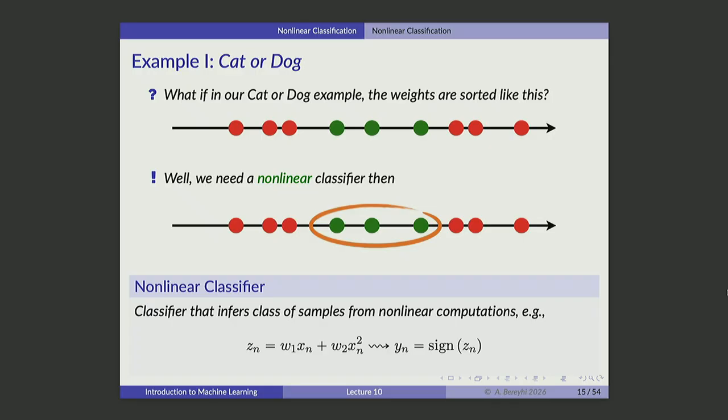So a classifier which is going to classify, maybe again based on the sign, but this sign is going to be computed out of a parameter which is nonlinearly depending on your data point. Now, looking at this problem, do you think there is one nonlinear term like this one which can do this classification for you? Actually, the one I have written on the board, it can do it, right?